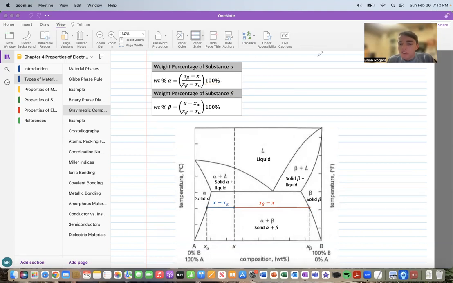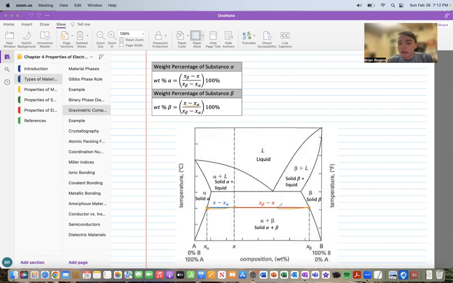And then in order to determine what percentage of substance beta, you're going to have x minus x of alpha. That refers to the line right here from x minus x of alpha, all over x of beta minus x of alpha.